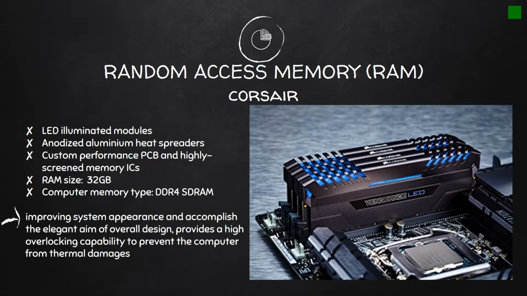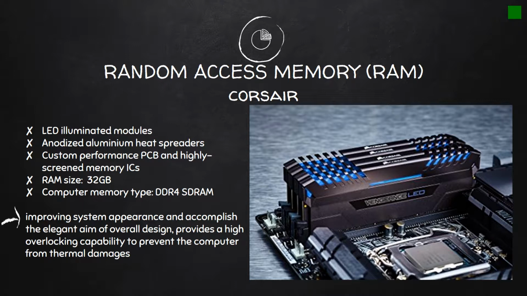Thirdly is the random access memory, or RAM for short. RAM is a temporary memory in which information is quickly read and written before moving to the processor. Here I will choose the Corsair LED 33 GB, which can meet most requirements of a 3D designer.